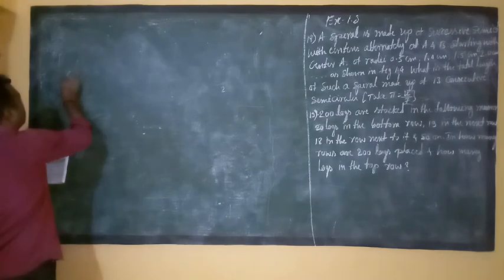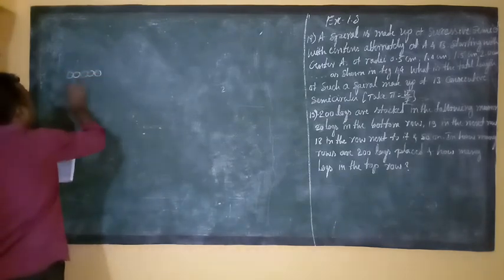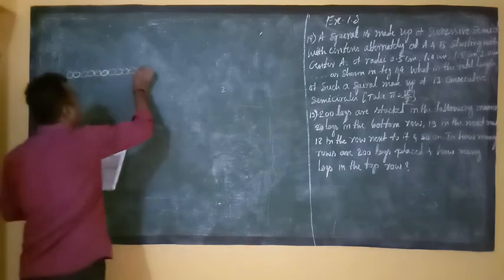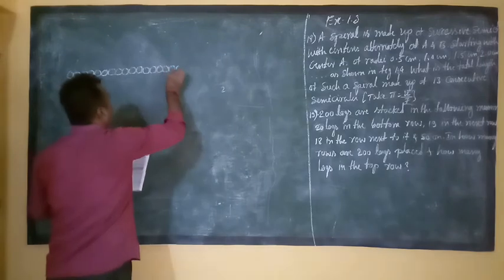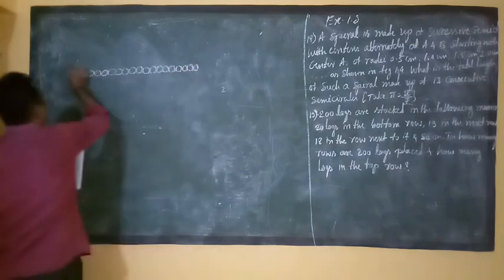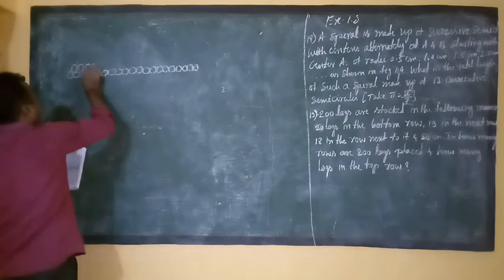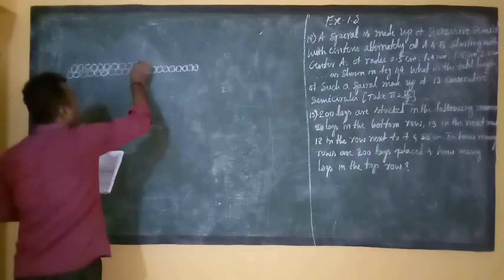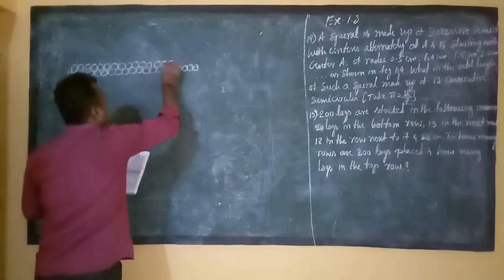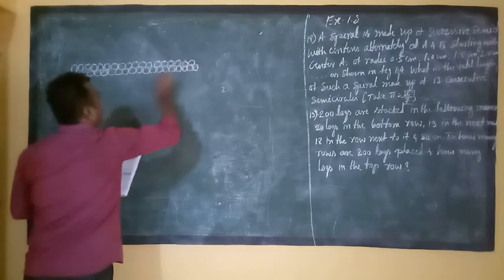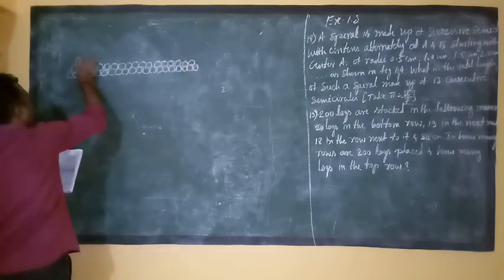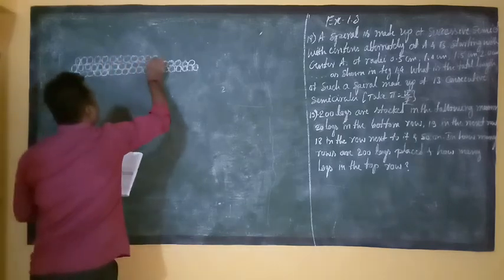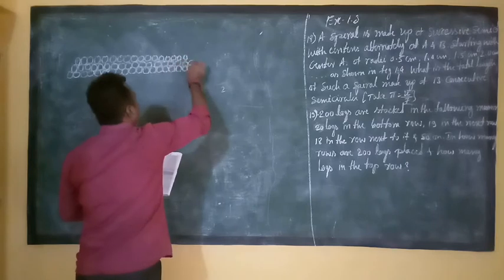So there are 20 logs in the bottom row, like that, 19 in the next row, 18 in the next row.